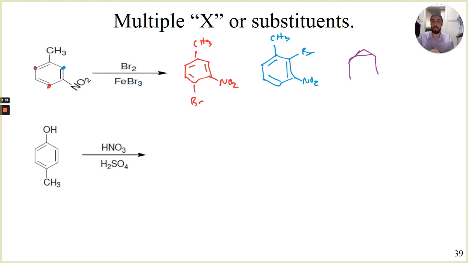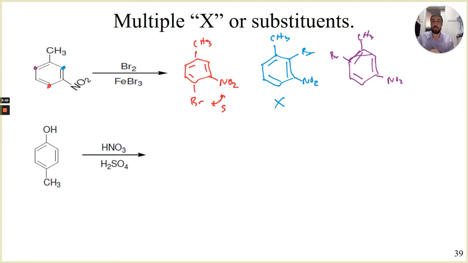Oof. So we've got our 4 products now, at least close enough to them. Hopefully, I would argue that this blue one makes no sense, or not necessarily no sense, but makes the least sense. Right? We would get a steric repulsion, which we'll call S, between the nitro and that Br.